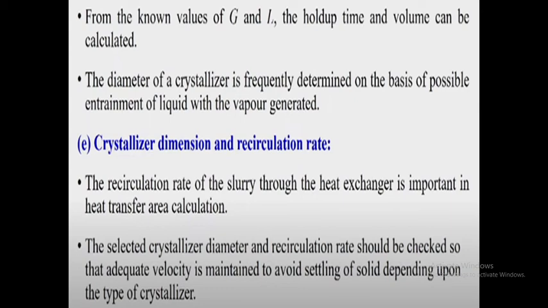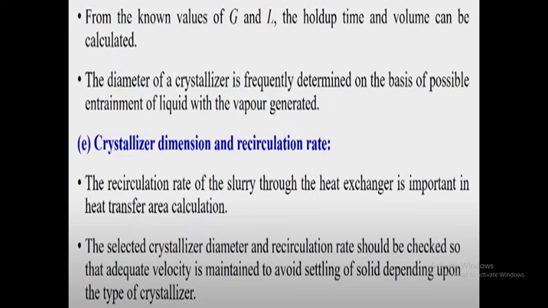Last one, crystallizer dimension and recirculation rate. Recirculation rate of the slurry through the heat exchanger is important in heat transfer area calculation. High recirculation rate through the external heat exchanger is used to provide good heat transfer.